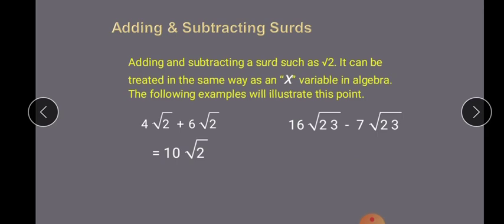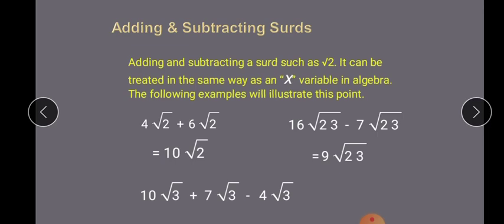So how much will we get? 16 minus 7 is 9. So 9x. And what was x? x was root 23. So the answer is 9 root 23.